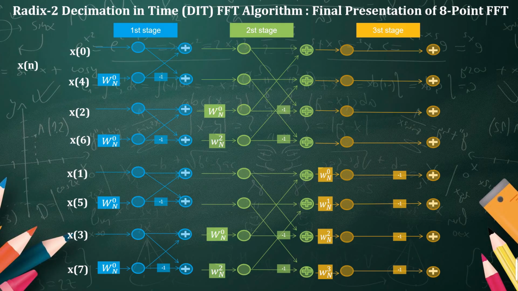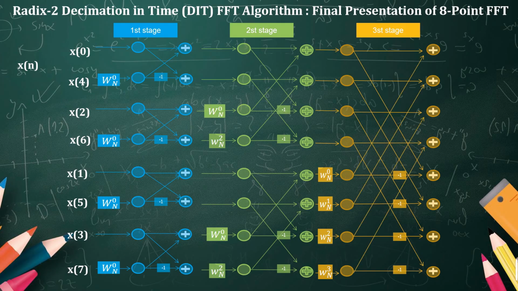As usual, we use butterfly addition where the first 4 outputs of the second stage are added with the bottom 4 outputs multiplied by -1. Therefore, the results are x0, x1, x2, x3, x4, x5, x6, and x7.